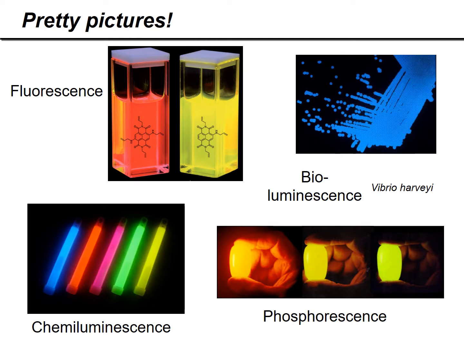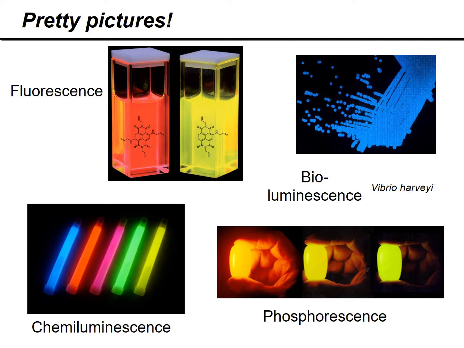One of the great things about working in fluorescence is there is no shortage of pretty pictures. So here's a little selection for you. What we've got in the top left is just conventional fluorescence. We've got a couple of cuvettes, and in those cuvettes is a solution containing the molecules indicated.